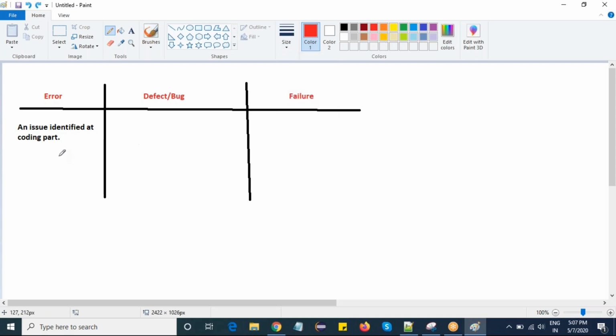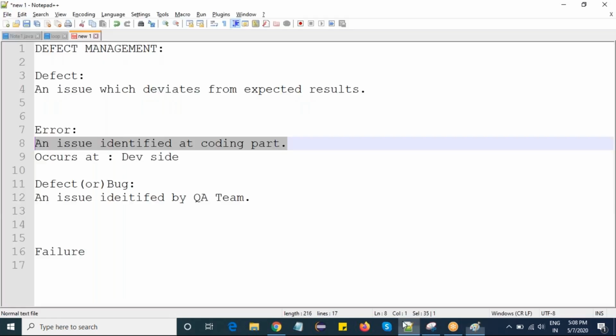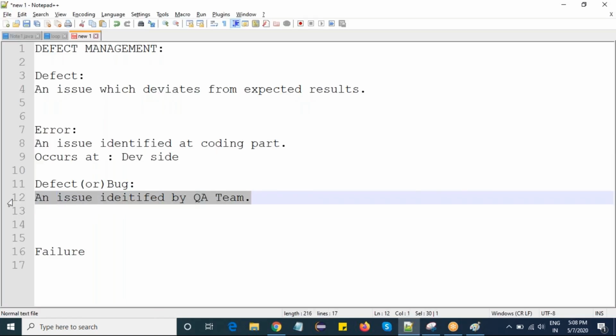That phase is nothing but the QA phase. Now whatever missed issue from the developer is observed or caught by the QA team, we call it a defect.